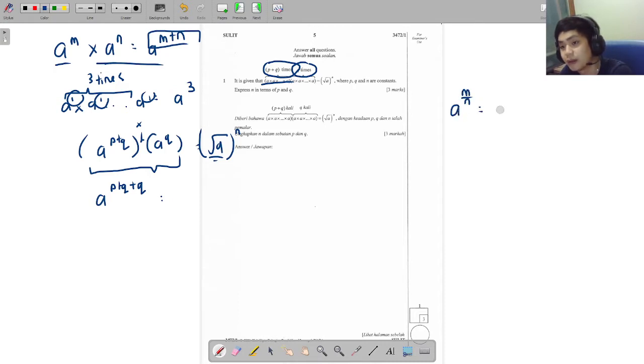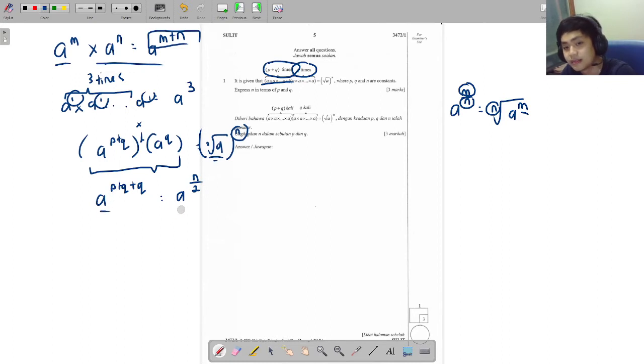So a to the power of m over n is the nth root of a to the power of m. The numerator represents the power, whereas the denominator represents the root. So it is the nth root of a to the power of n. In this case, this is the square root, because when there's no number here, we usually refer to it as the square root. So it will be a to the power of n over 2, because the power here is n.